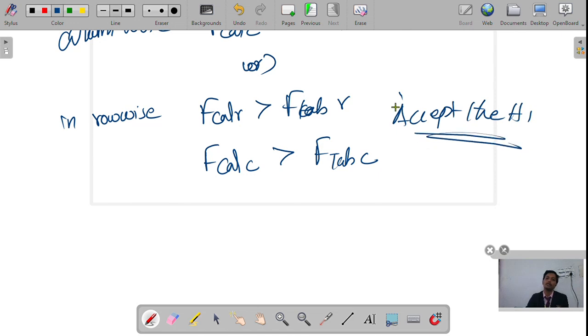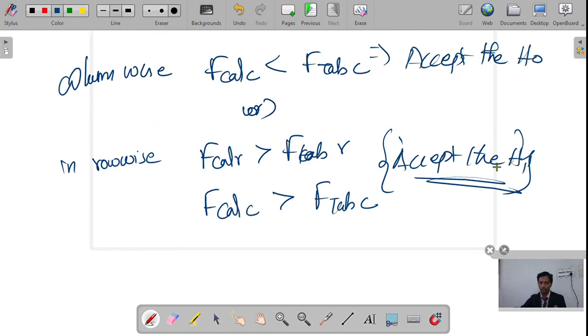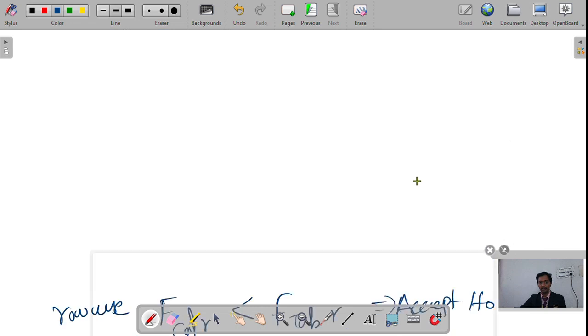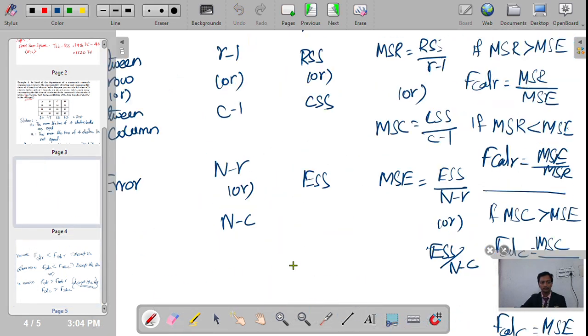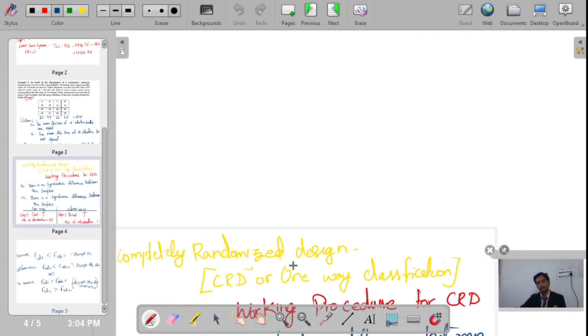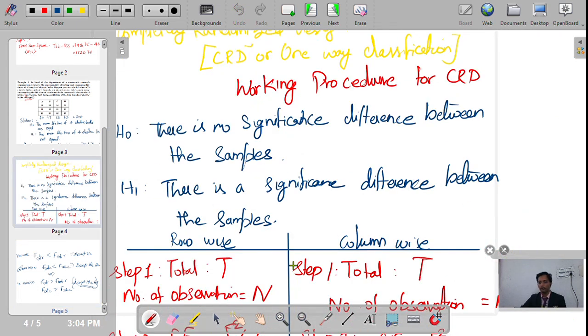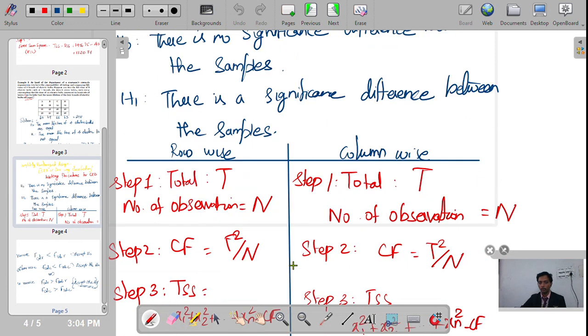Both cases have the same answer. This is the way we find the answers for everything we have discussed here. This is the common working procedure of CRD for both row wise and column wise.